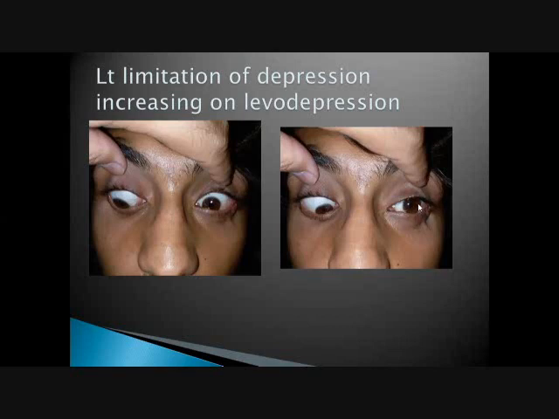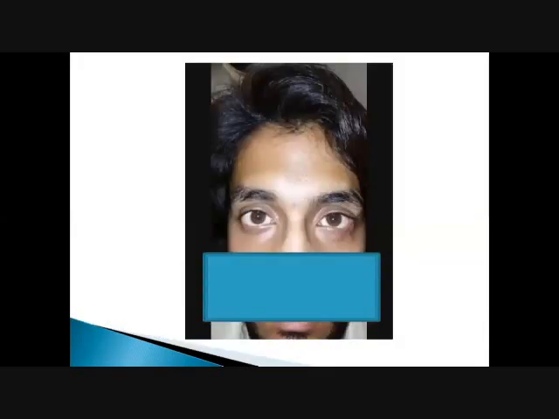This restriction is more in the levo depression. So again, the inferior rectus is not doing the proper job. Okay. So I will show you the video and we will see how we proceed with the examination.